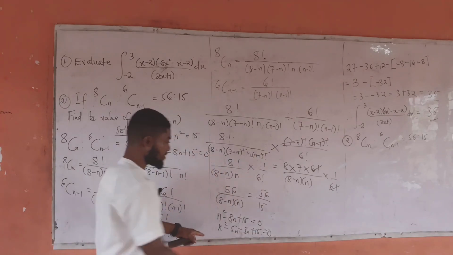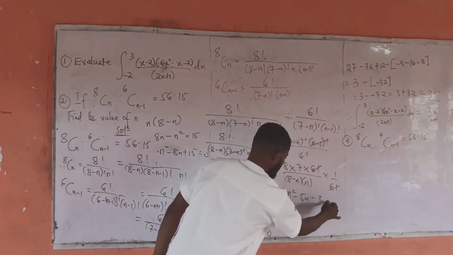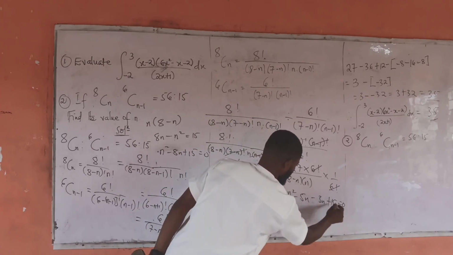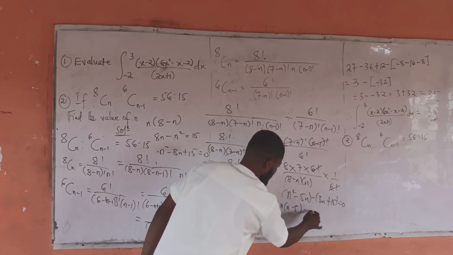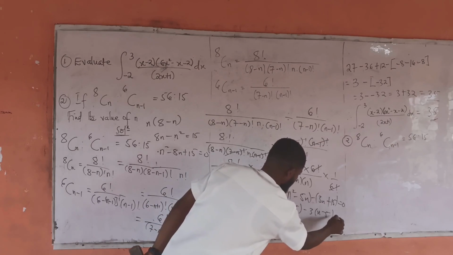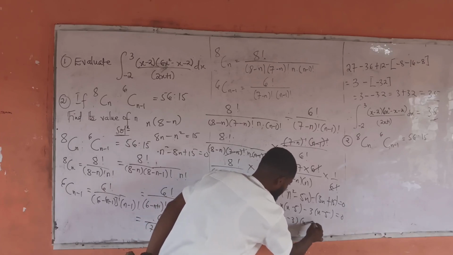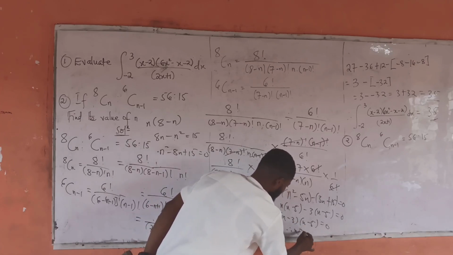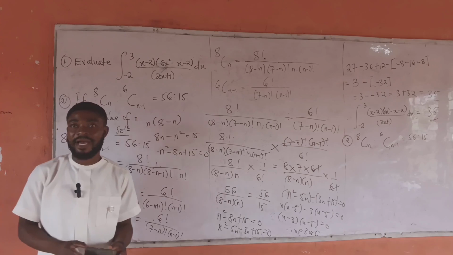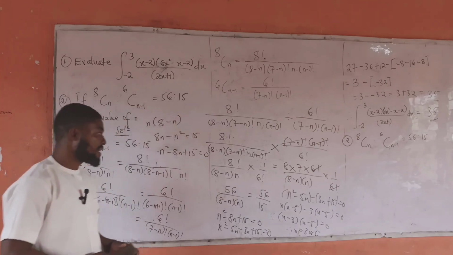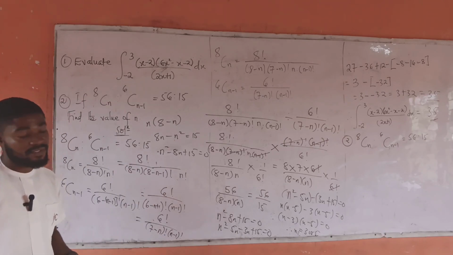So we have this now. So we have n is equal to 3 or n is equal to 5.